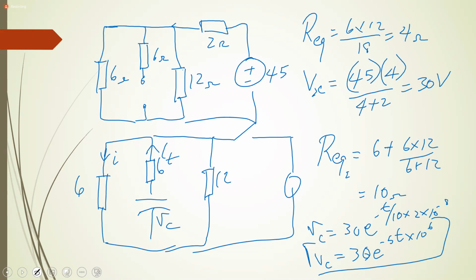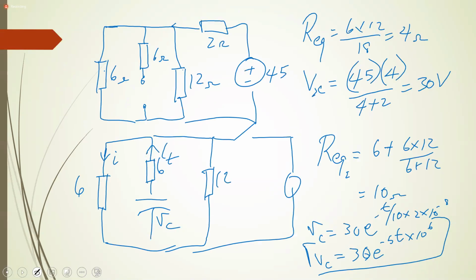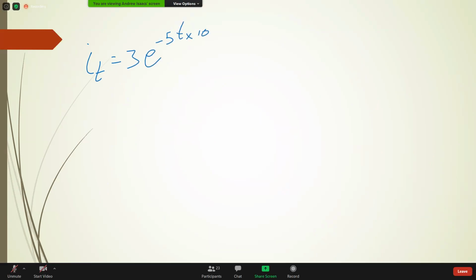We can now use the current divider rule to find the current through the 6 ohm resistor. That's IT on the circuit we have here, which you said is equal to 3e to the minus 5t times 10 to the 6.